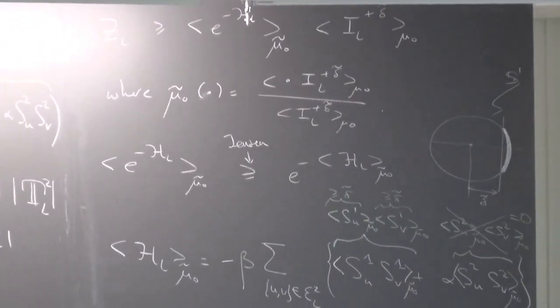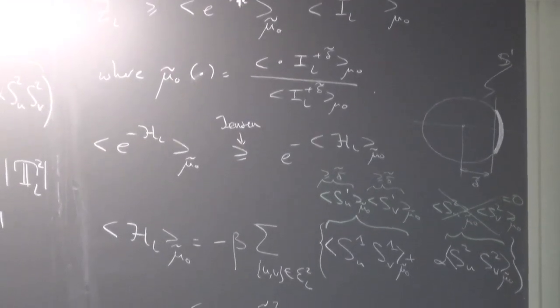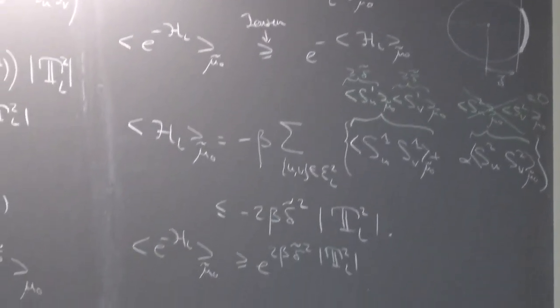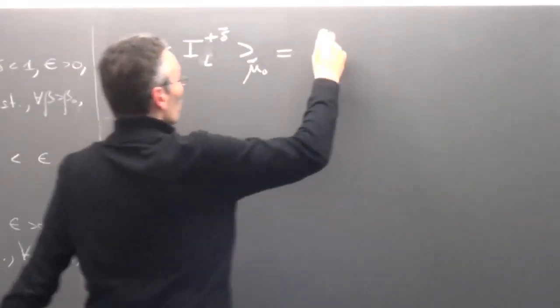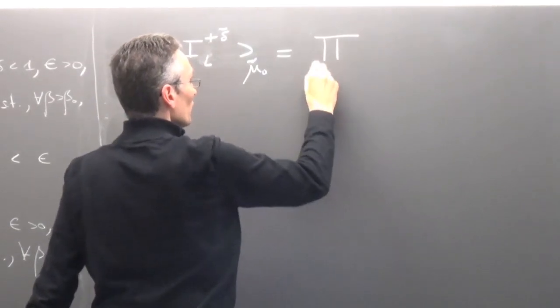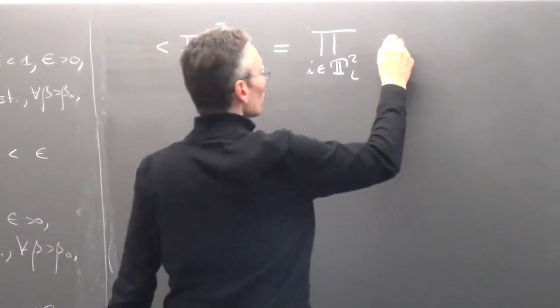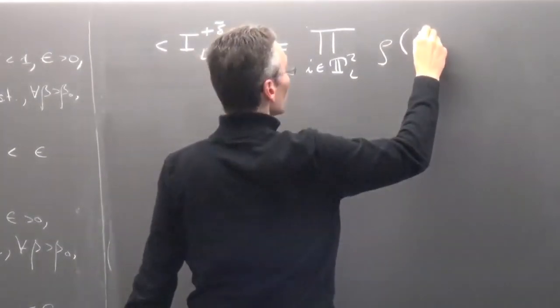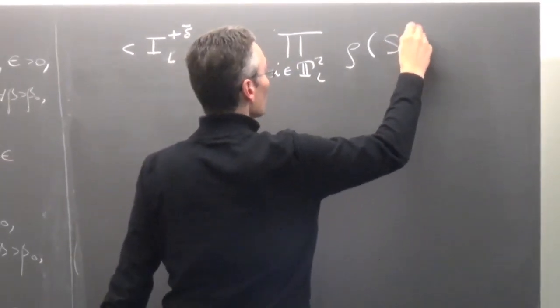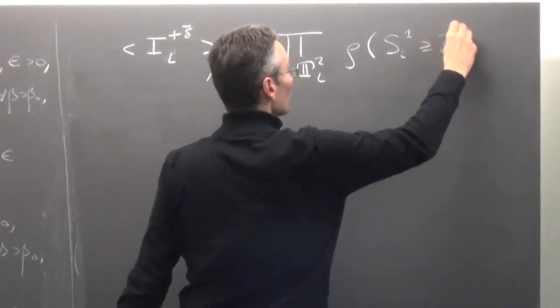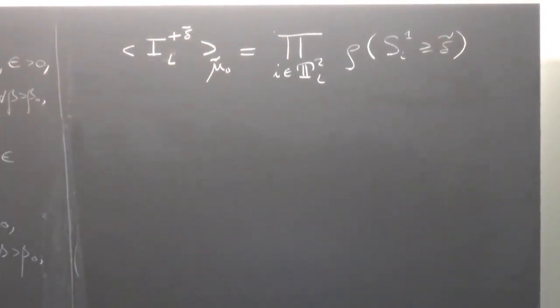lower bound because you just compute it. So it's I_L plus delta tilde under this measure mu 0 tilde. This you compute explicitly. It's the product over all vertices in the box, the torus, of the probability that the first component is larger than delta tilde.